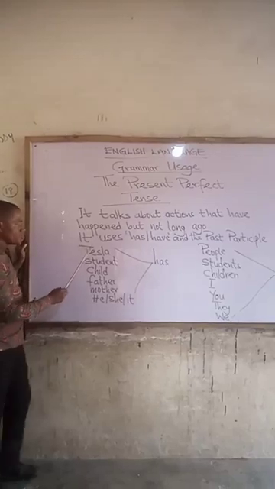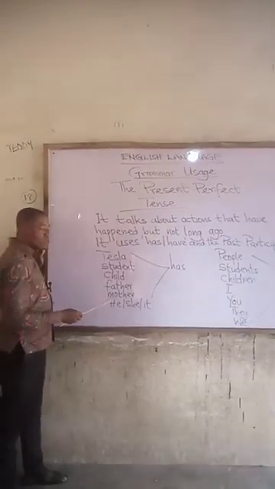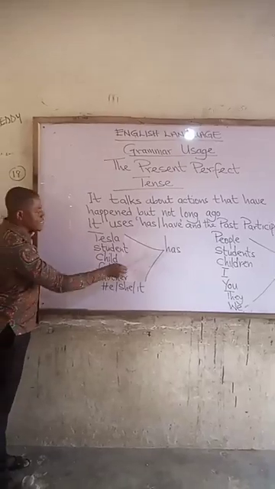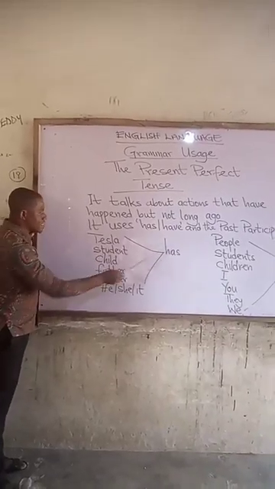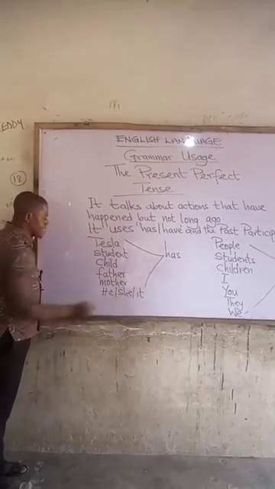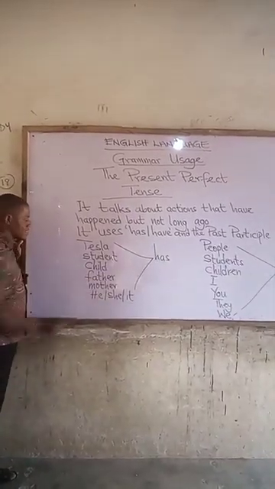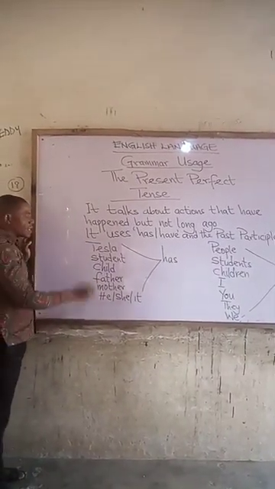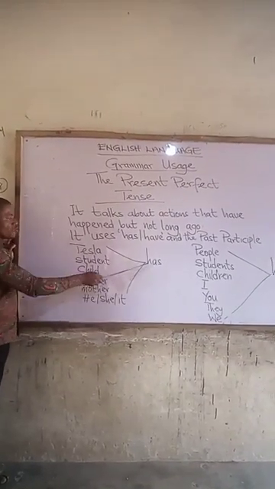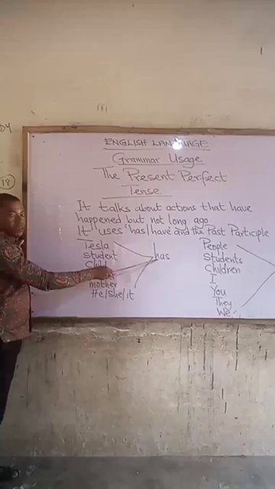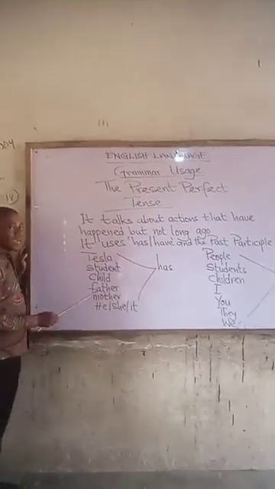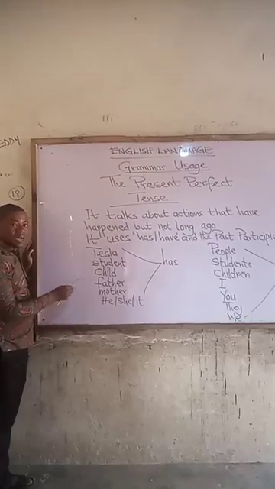So anytime that you use a singular noun, as I have mentioned earlier, so Tesla has, student has, child has, father has, mother has. Then you shouldn't use any plural nouns and use has, but you should use only a singular noun.